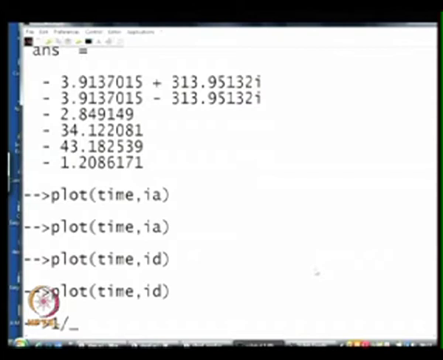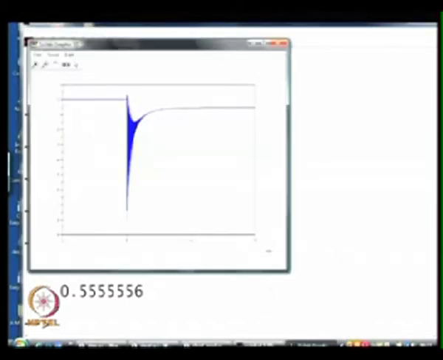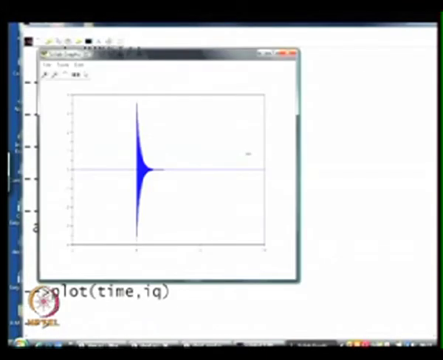So 1 divided by XD is also 0.55. What we are seeing is that the transient finally becomes the steady state, and in steady state ID is minus EFD by XD. If you look at IQ, the steady state value is 0, which does not mean that the transient values are 0. You see that there is some transient and this finally becomes 0 in steady state.